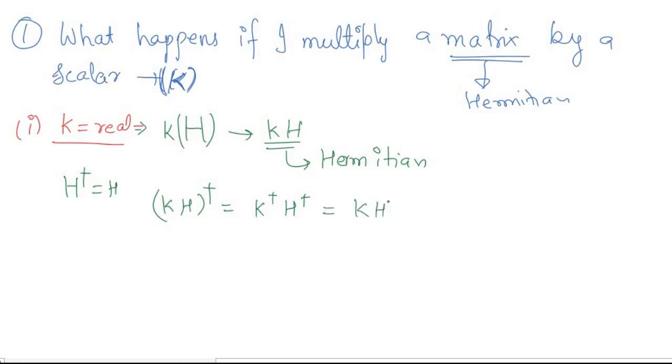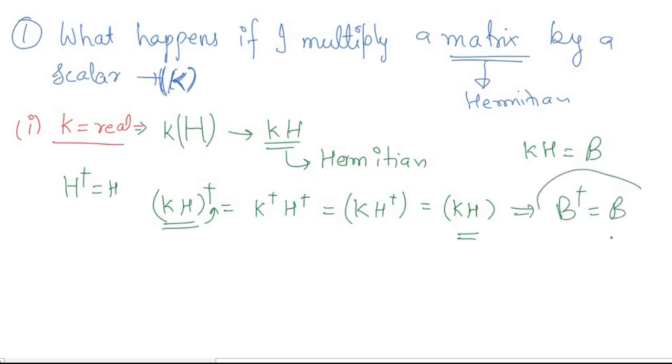This is k times H dagger, and H is Hermitian, so it is k times H. Let me write kH as another matrix B. So from here you have seen that B dagger is equal to B. That is the condition for Hermitian matrices. So if k is real, nothing is going to be changed. Your Hermitian matrix will remain Hermitian.